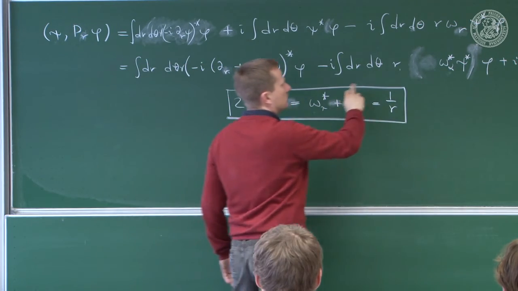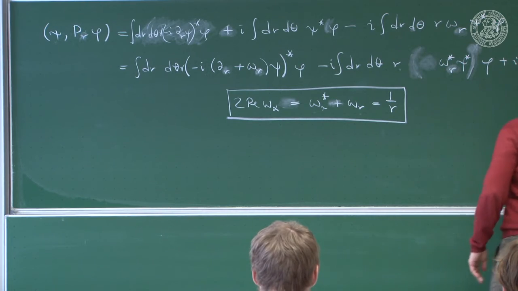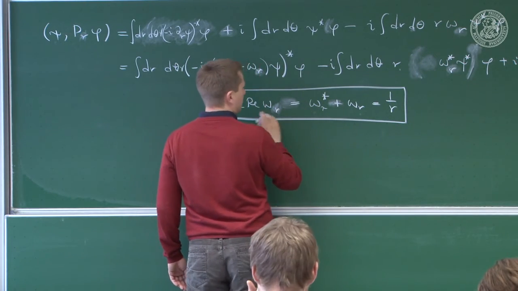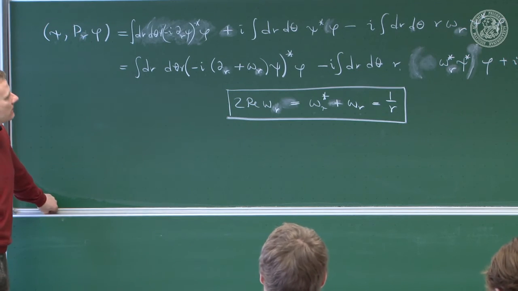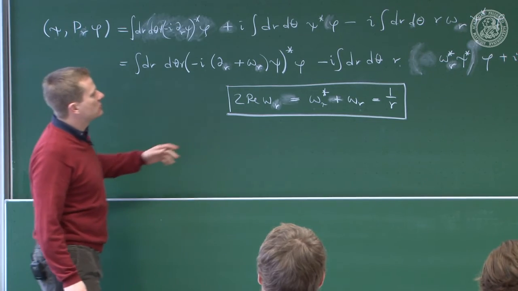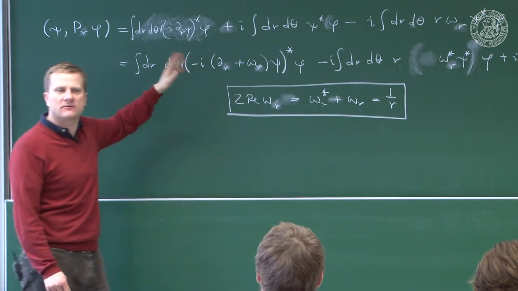Omega r. So this is the omega r. Yeah, that's okay. Good. Okay. Anyway, so that was what we wanted to see, and we can choose the imaginary part to be 0, and nothing changes. Everything works out fine.